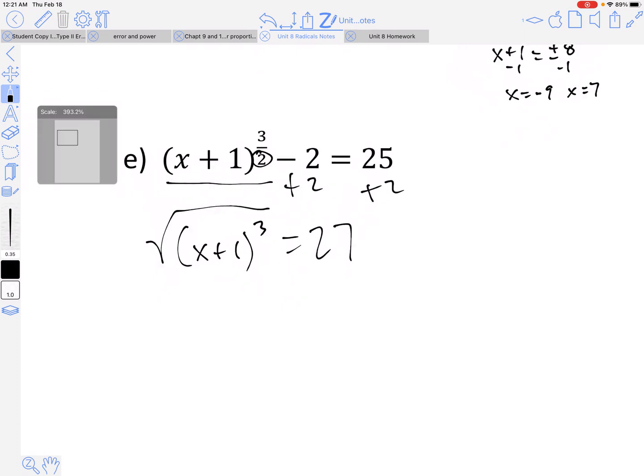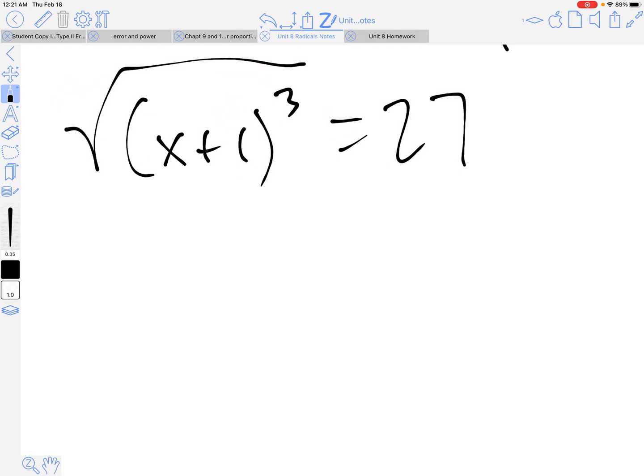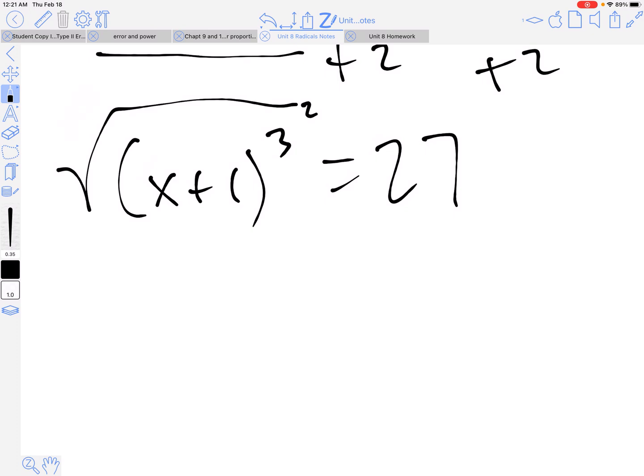So think about getting x alone. Right now, that's kind of trapped by that cube and that square. So what we're going to do first is square both sides, square root I mean, and we'll have x plus 1 cubed equals 27 times 27, which is 729. Okay.